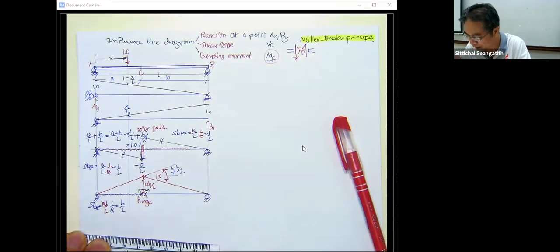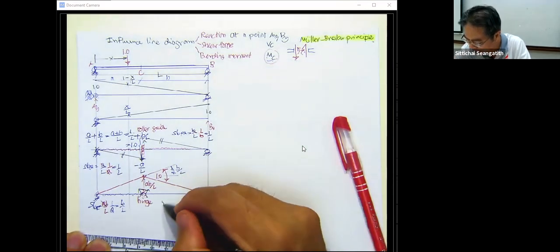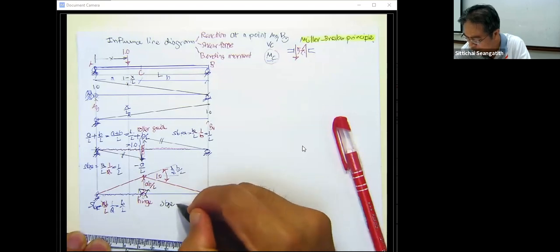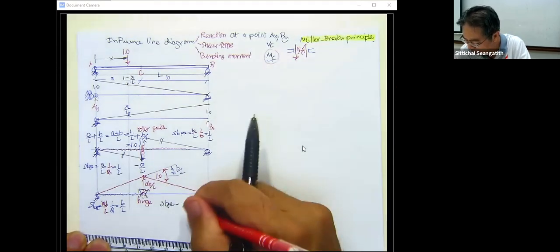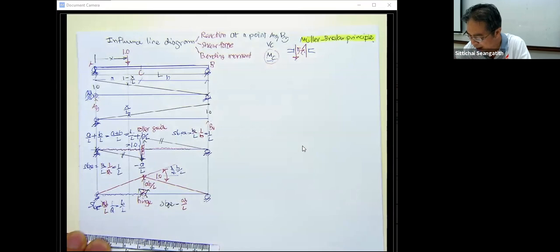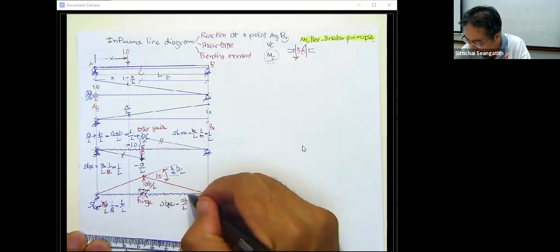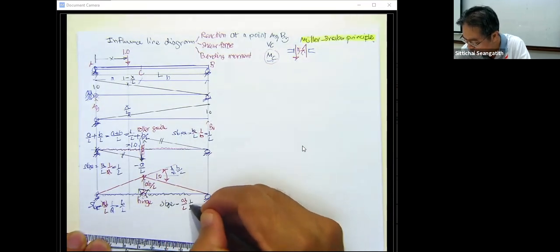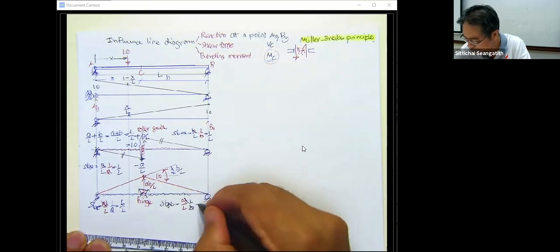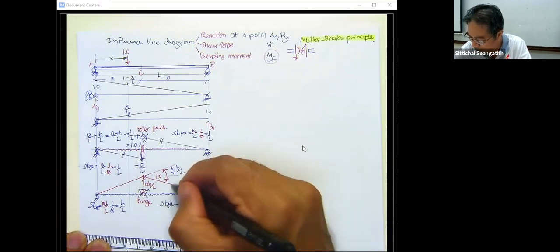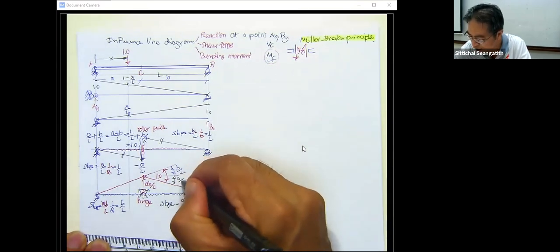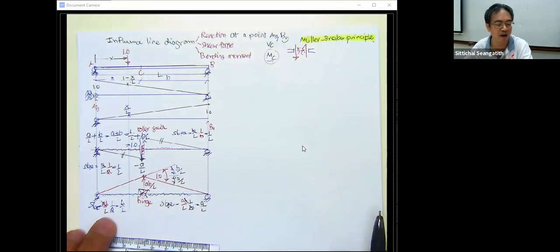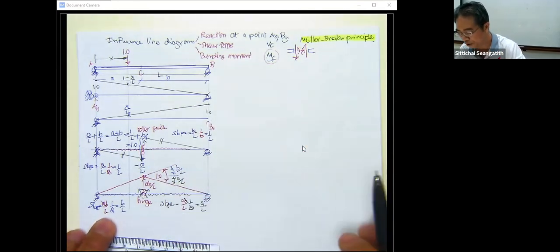And the slope on the other side is AB over L divided by this length, B, so you get A over L. The combination of them is going to be 1.0.